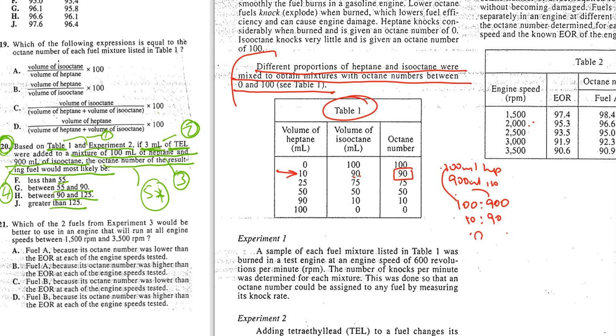So we know that, before they add anything to it, the octane level is going to be 90 with this kind of mixture. A 10 to 90 mixture is going to give us 90. And we know that's one of the values here. So we can get rid of F and we can get rid of J, because 90 needs to be in the answer.